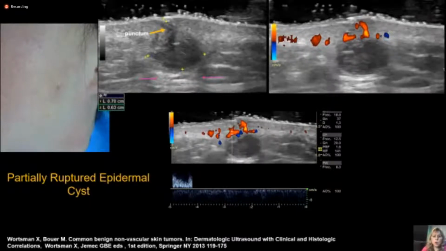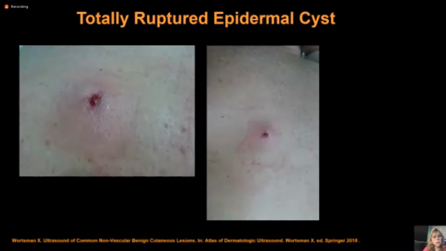If you add color Doppler to the epidermal cyst, in this case, you will see an increased vascularity in the periphery of the cyst due to the inflammation. Please note the posterior acoustic enhancement at the bottom of the cyst. Then we can see the totally ruptured epidermal cyst.